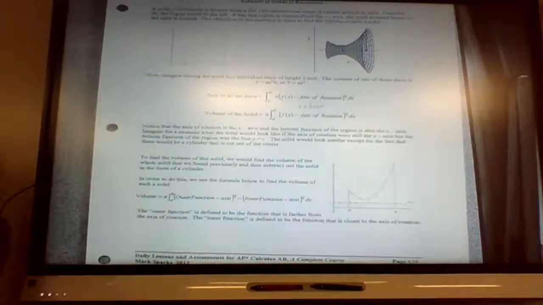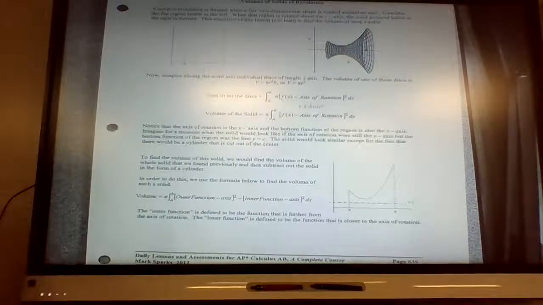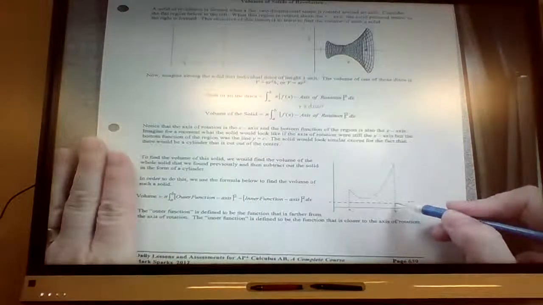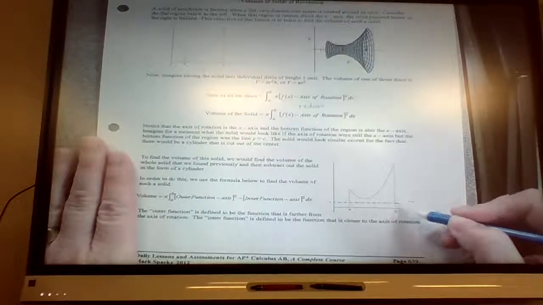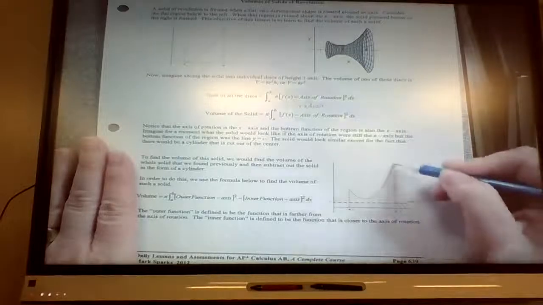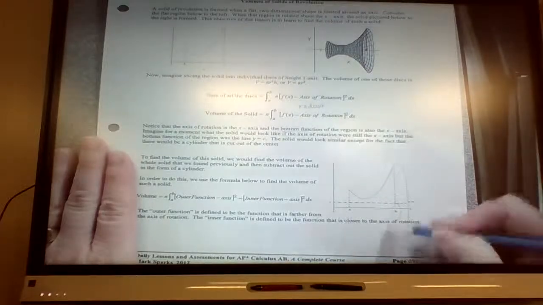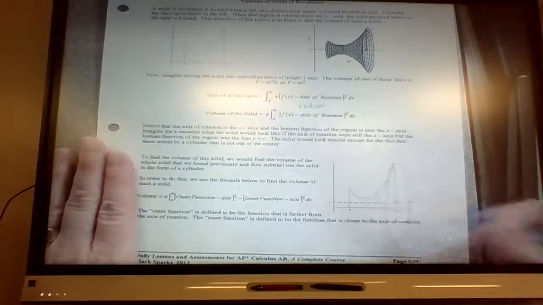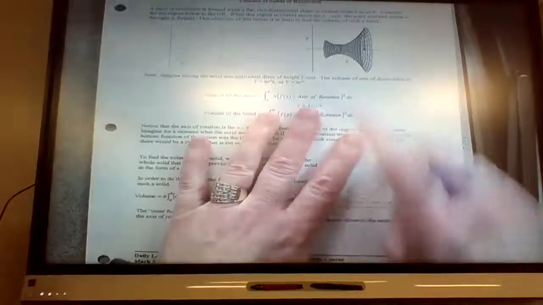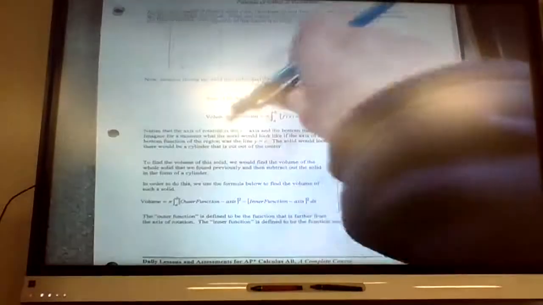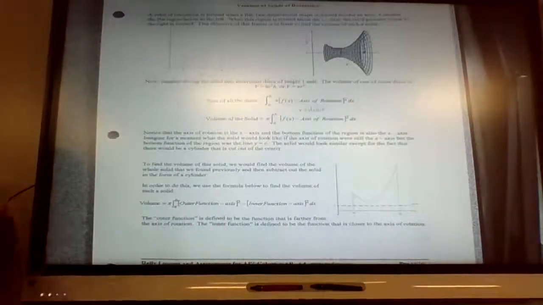So what if I still went around the x-axis? The bottom of the function is here, and I went around here, and then around here. Yeah, it'd have a hole in it, right? So it would be the same shape, but it would have this empty cylinder in the middle.